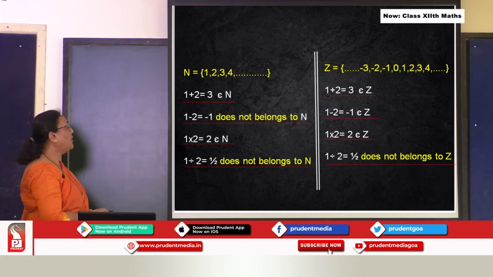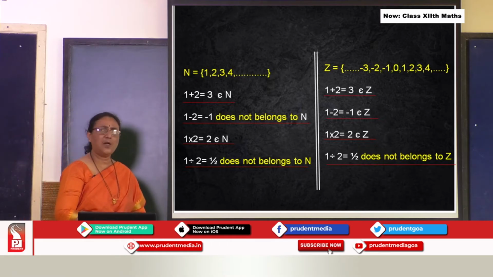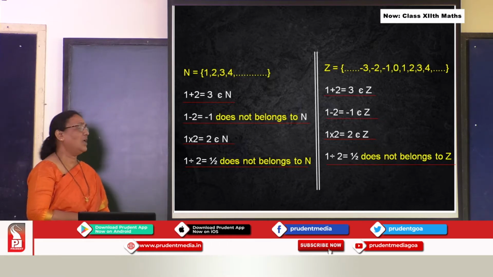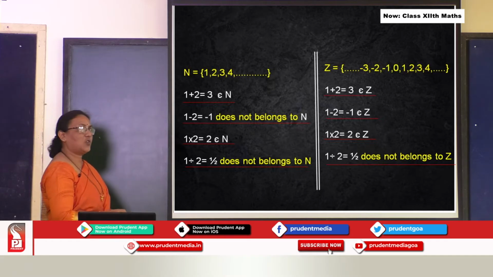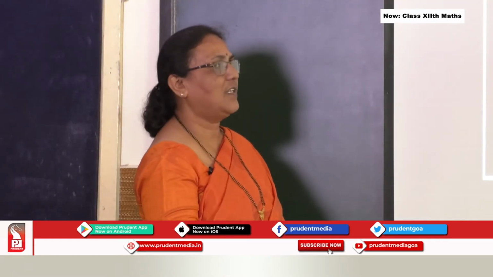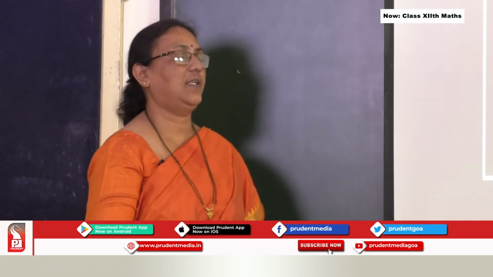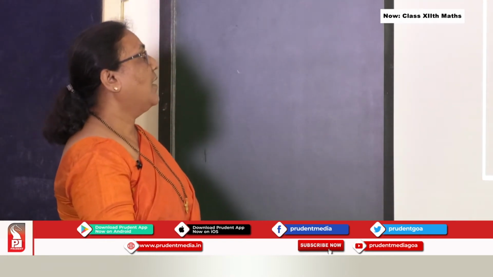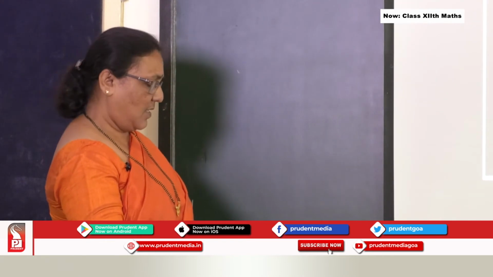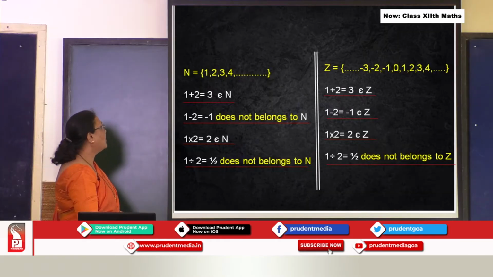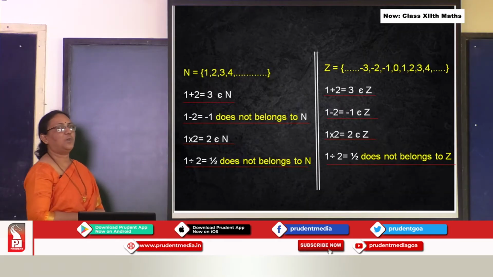Now I have taken 1 and 2. You can take any numbers, like 1000 plus 2000. Any numbers which belong to the natural numbers, the answer will come in the same set. It belongs to N. Then this operation plus is called a binary operation.